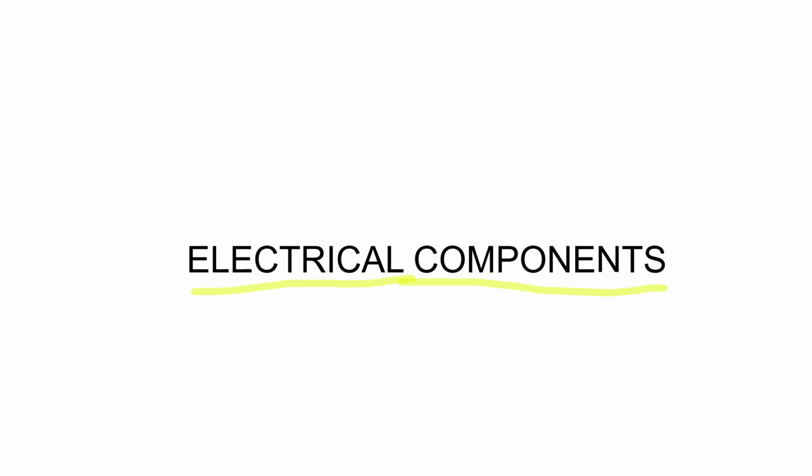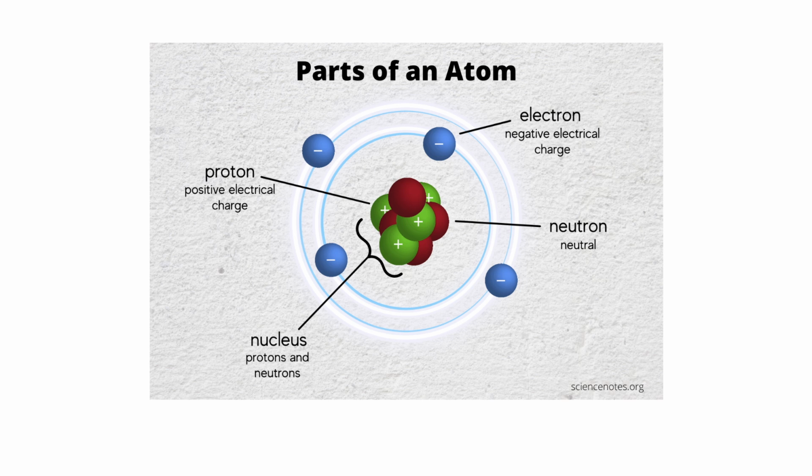In the previous lesson we studied the structure of an atom, and we saw that an atom is made up of a couple of elements. We have neutrons and protons forming the nucleus, this part, and we also have the electrons, which are negatively charged.